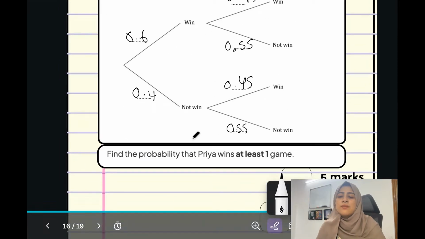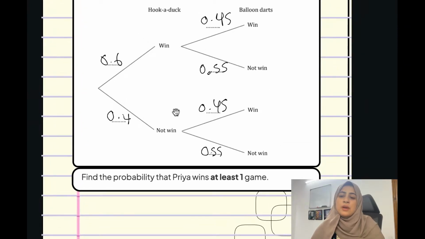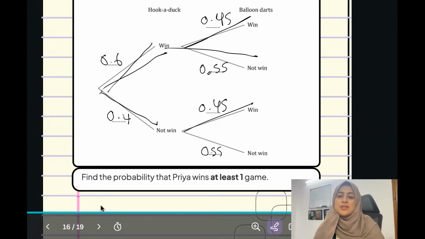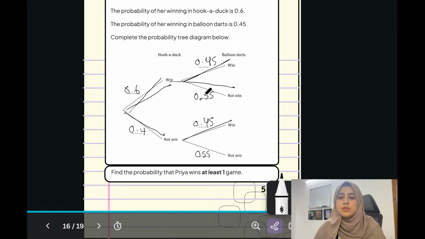Okay? Find the probability that Priya wins at least one game. So at least one game means win, win, or you can win and not win because you've still won the hook a duck. Or you can not win hook a duck but win the balloon darts. So this is a really, really tricky one. But what you would need to do here is you would need to times together the branches and then add the different ways you can do it.